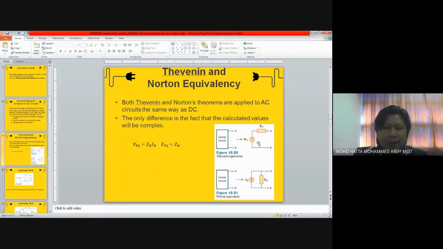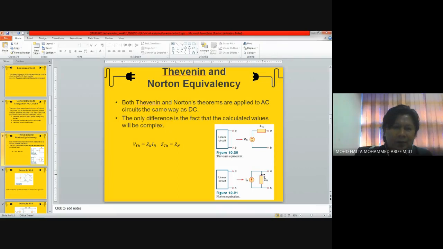And the one that we need to remember, or we need to be particular with, is that for both Thevenin equivalent and also Norton equivalent, if you look at the impedance value over here, ZTH and also Zn, it is basically the same value. If you try to solve using Thevenin equivalent circuit, you would like to calculate the value of ZTH.